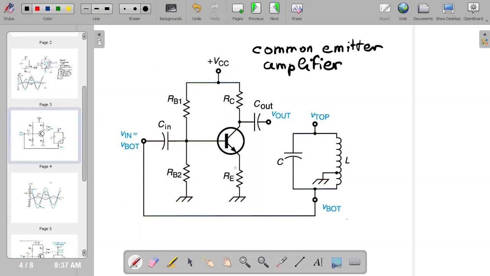That way, the behavior of the amplifier doesn't depend on the beta of the transistor. Okay, so you probably know this, but the voltage gain is roughly equal.